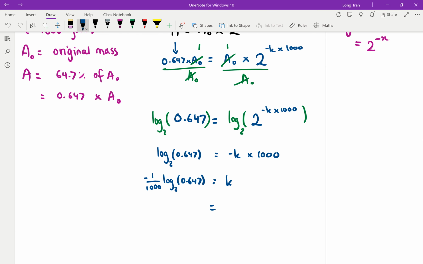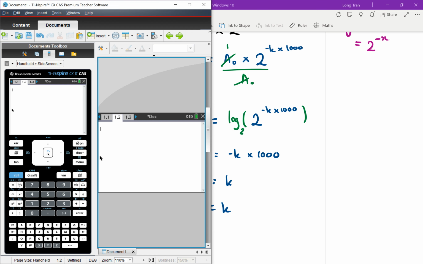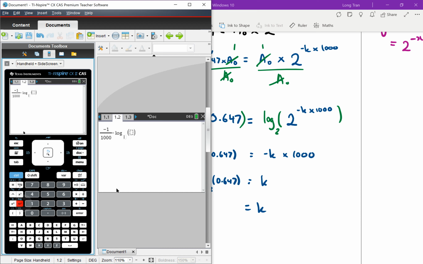So if we did this on a calculator, approximately, what is this equal to? Let's work it out. It was negative 1 on 1,000 multiplied by the log base 2 of 0.647.